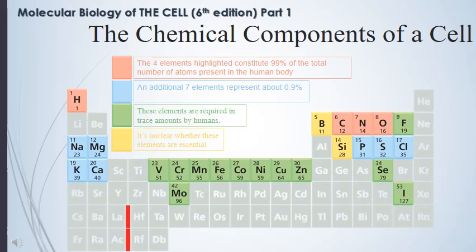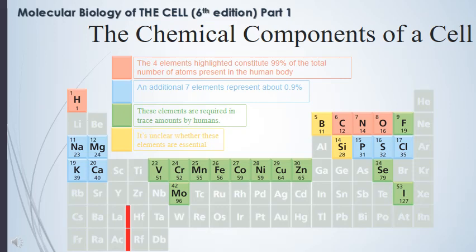So here is the basic composition of a living system. Carbon, hydrogen, nitrogen, oxygen comprise 99% of the total number of atoms in a human body. The other 7 in the blue, which are phosphorus, chlorine, sulfur, sodium, potassium, calcium, magnesium, they constitute less than 1%.